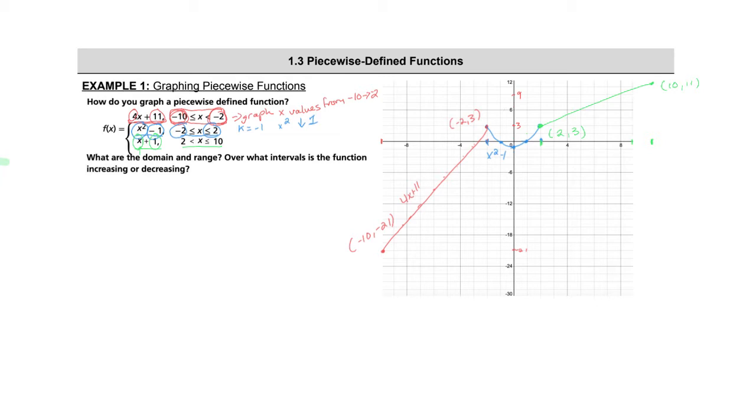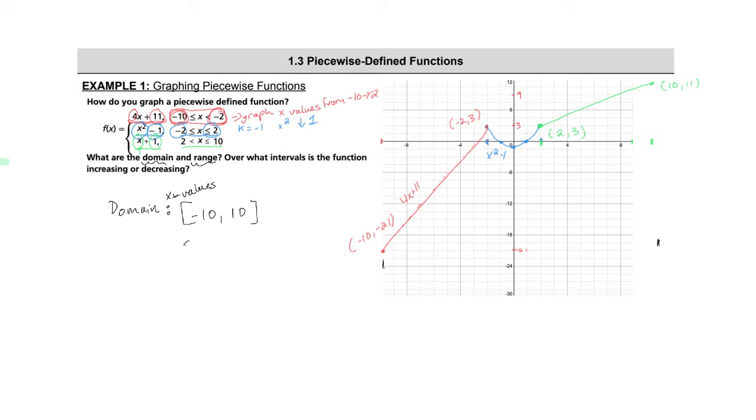Now it asks, what are the domain and what is the range? Domain is all our x values. So our domain starts at -10 and ends at +10. So our domain is [-10, 10].